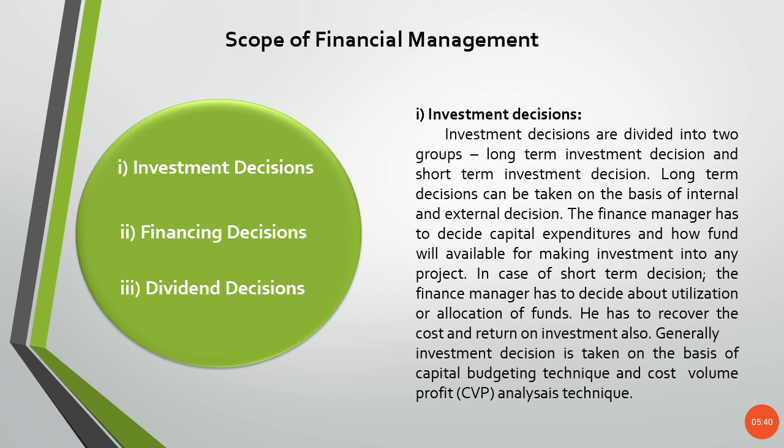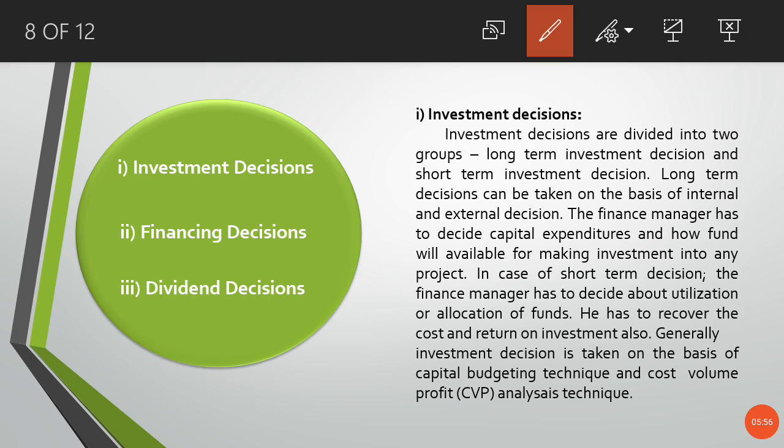The scope of financial management comprises three types of decisions: 1. Investment decision, 2. Financing decision, 3. Dividend decision. Investment decisions are divided into two groups: long-term investment decisions and short-term investment decisions. Long-term decisions can be taken on the basis of internal and external factors.